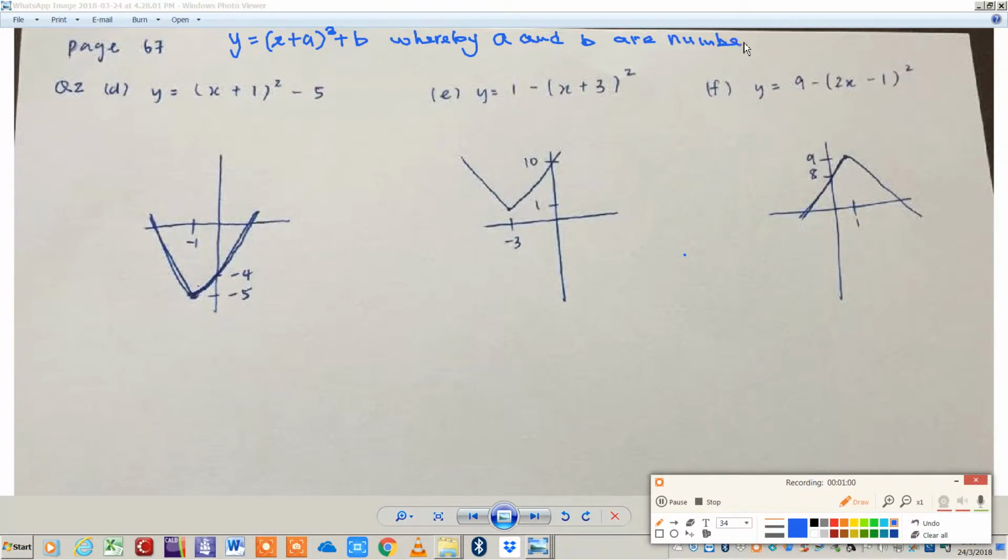They can be positive or negative numbers, fractions, whole numbers, or decimals. Okay. So let's check. Now you have (x plus 1) squared, followed by b, which in this case is minus 5. So this is already in a correct completing the square format.